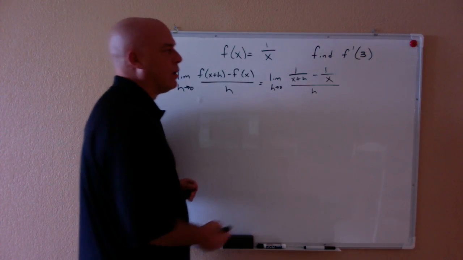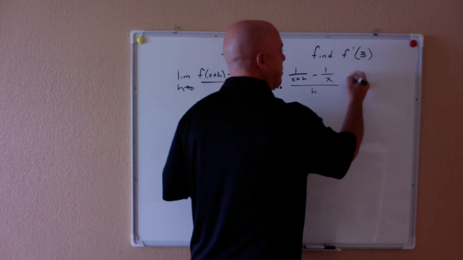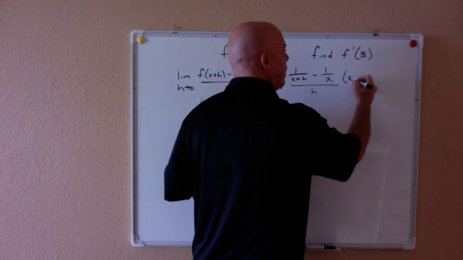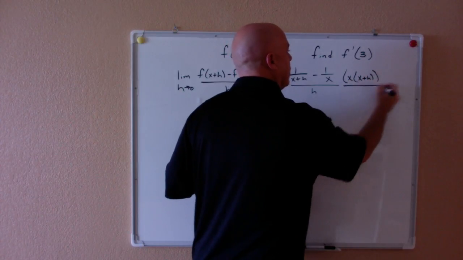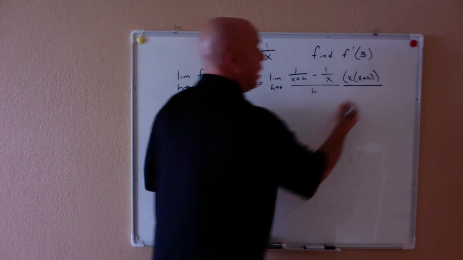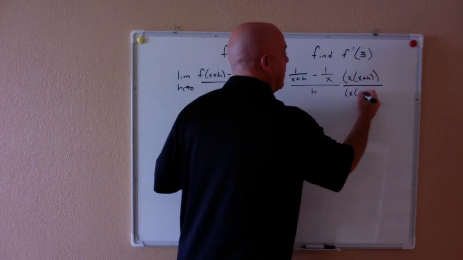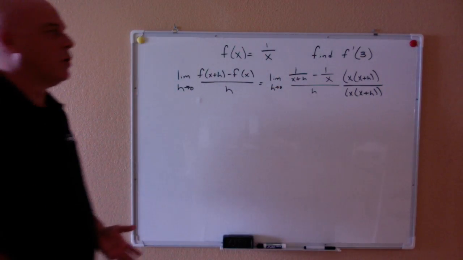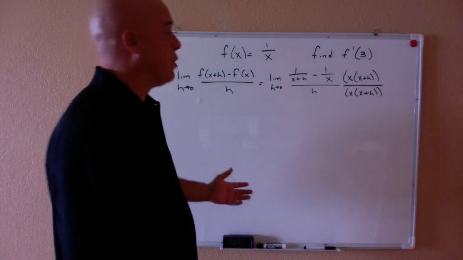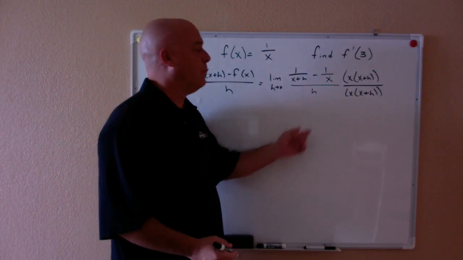What I'm going to do here, I'm going to multiply top and bottom by whatever that common denominator was. So if I do that, again, just multiplying by 1, so I'm allowed to do it. I'm not changing the problem at all because I'm multiplying by 1.